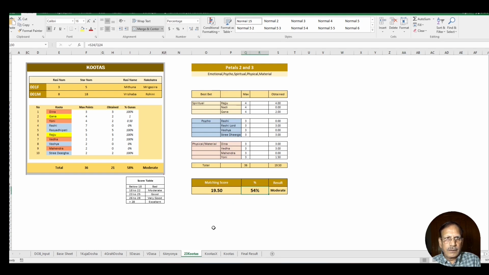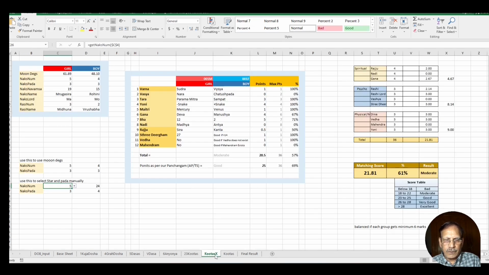I think Mr. Ganeshan Srinivasan is using this Koota analysis from astrology.com, the system followed by astrology.com. Of course, many things will be similar to what the book by Jayasekar has given, but there are some differences, so that is why I made some changes so that it will be more akin to what the book is talking about.